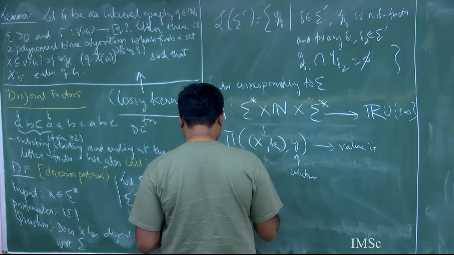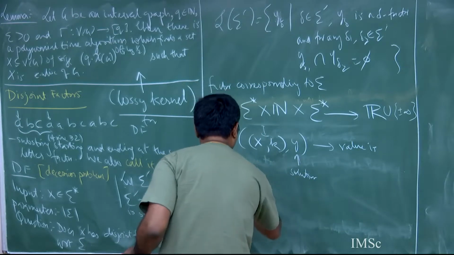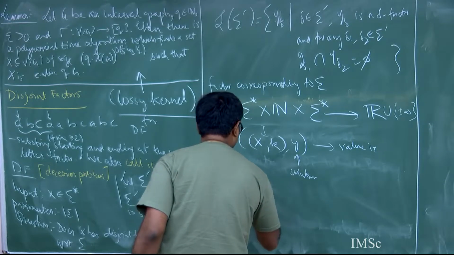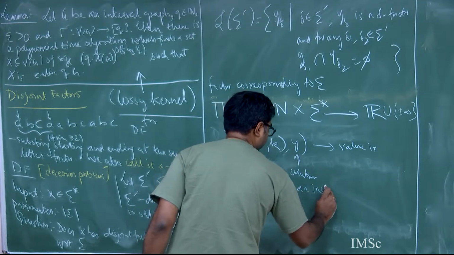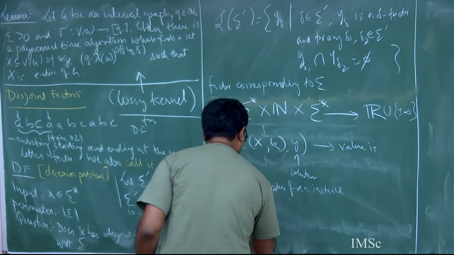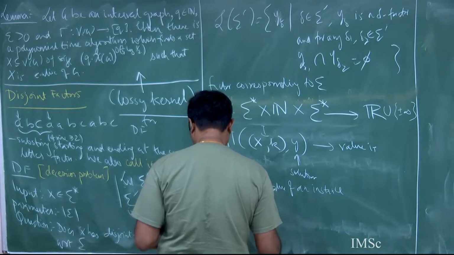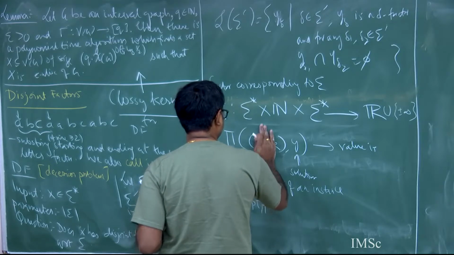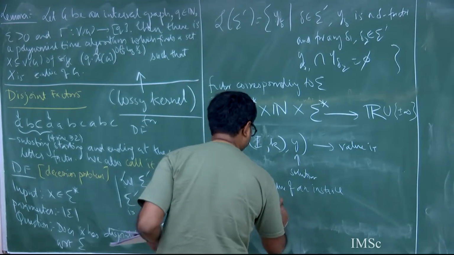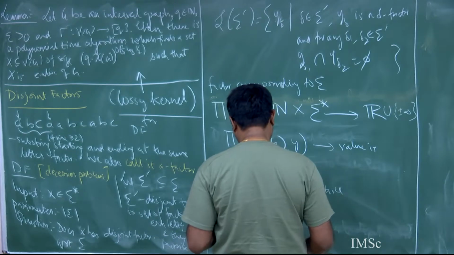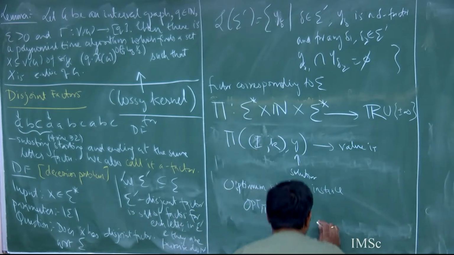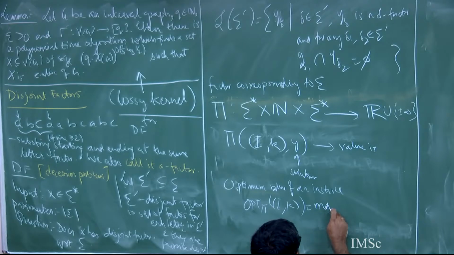So the optimum value of an instance we defined as opt pi of I comma k. I'm only defining it for max, because that is what we are using; you can define it for min as well. It is the max over s an element of sigma star.